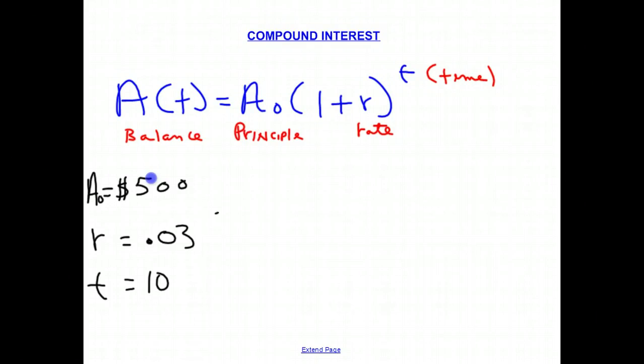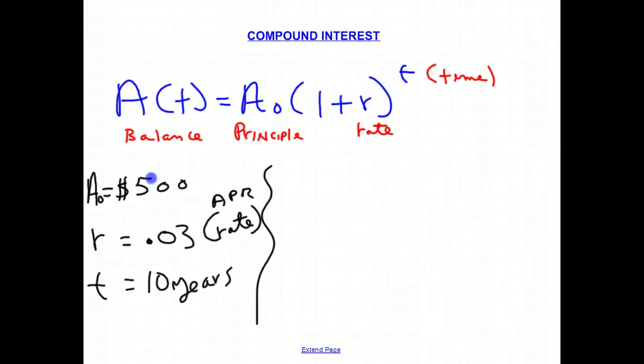That will be our t, which is 10. So once again, this is our rate, our annual percentage rate, our APR, and time will be 10 years. So in order to do a problem like this, it's really quite simple. You're just plugging into the equation. So let's do it on the right side.